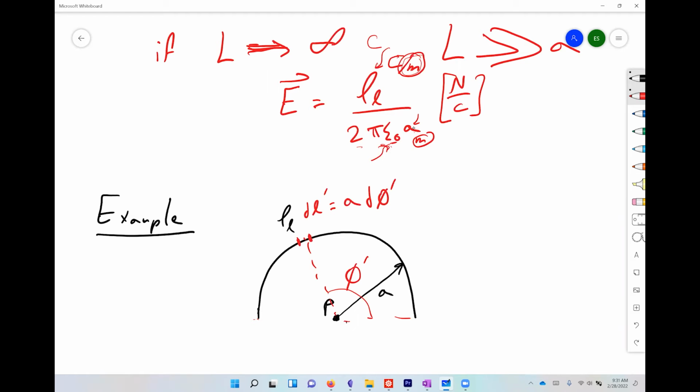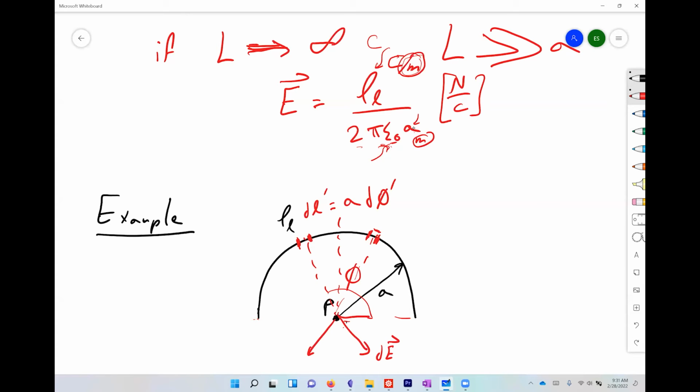Okay, and then we know from symmetry that this is going to give me this sort of field, dE. But each line segment here is going to have a symmetrical segment here that's going to give me a field in this direction.